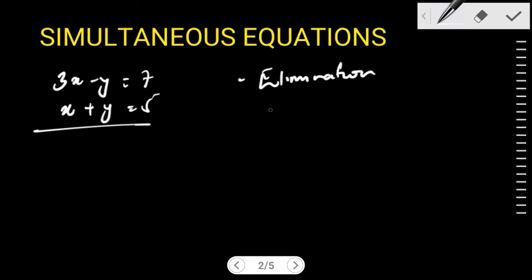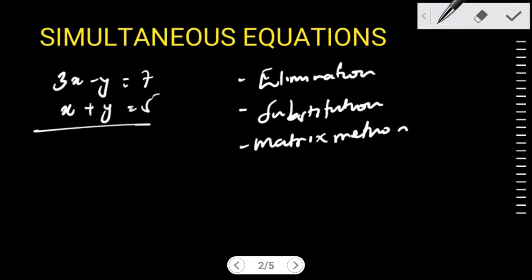Another is the substitution method, and another one you can use is the matrix method. There are other methods, but mostly I'm going to be basing on these ones. All of them have to give you the same answer.